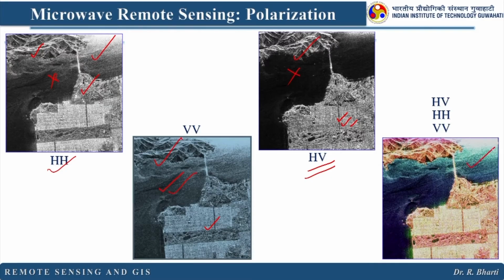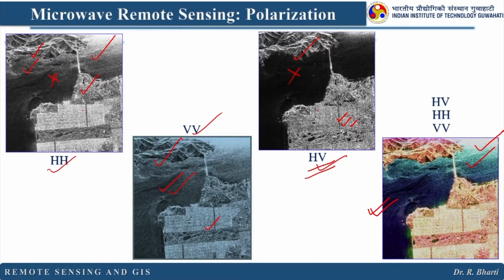I hope you can easily find the differences between the first, second and third image, and this is the color composite image, right. So, here the information which has been highlighted by HH, VV and HV are all merged together, and all the information captured by these three different combinations of polarization has been included here.